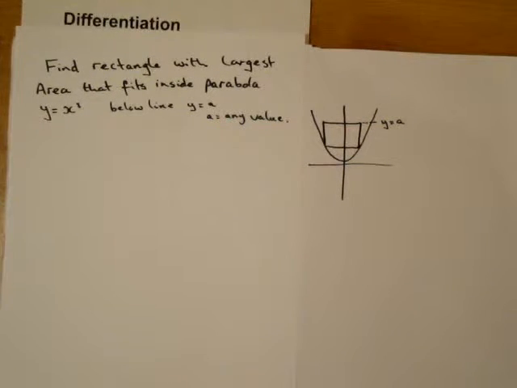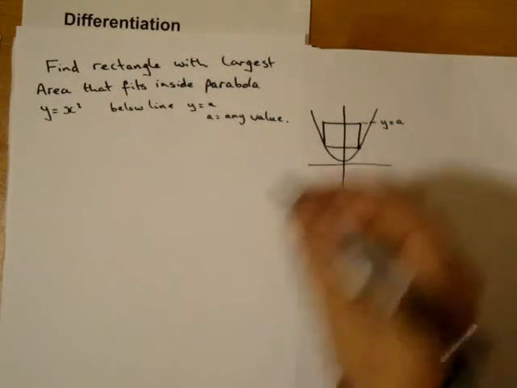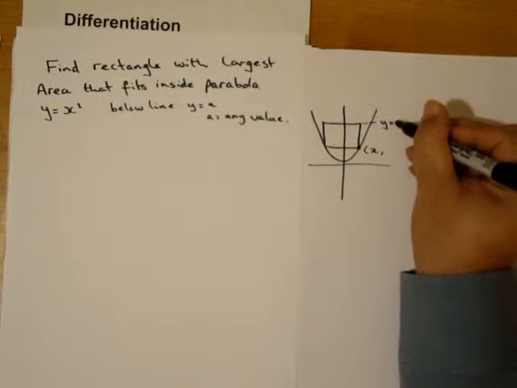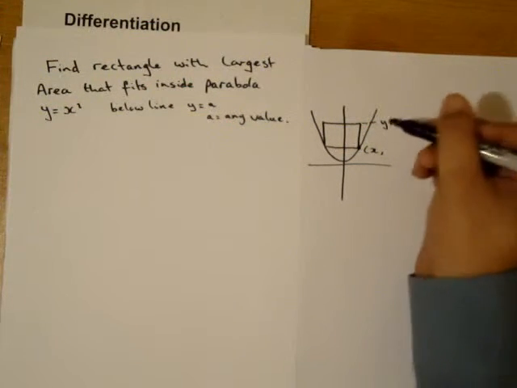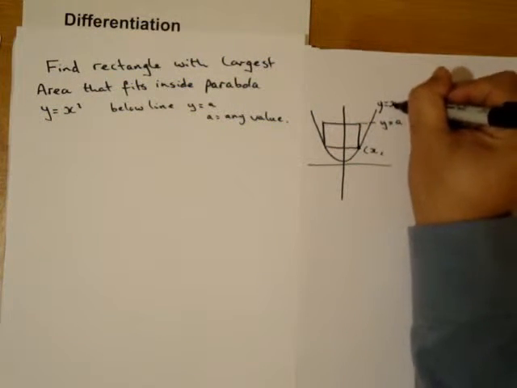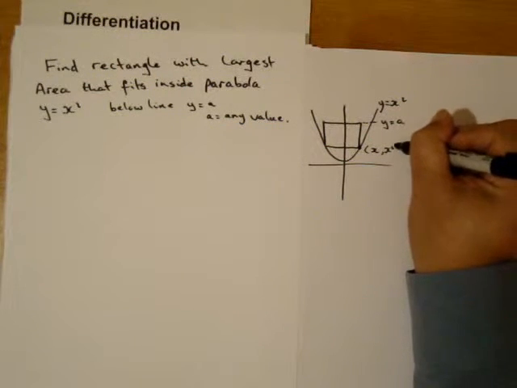So the first thing we have to realize is that this point here is nothing but x, and because we're looking at y equals x squared, this point is nothing but x squared.